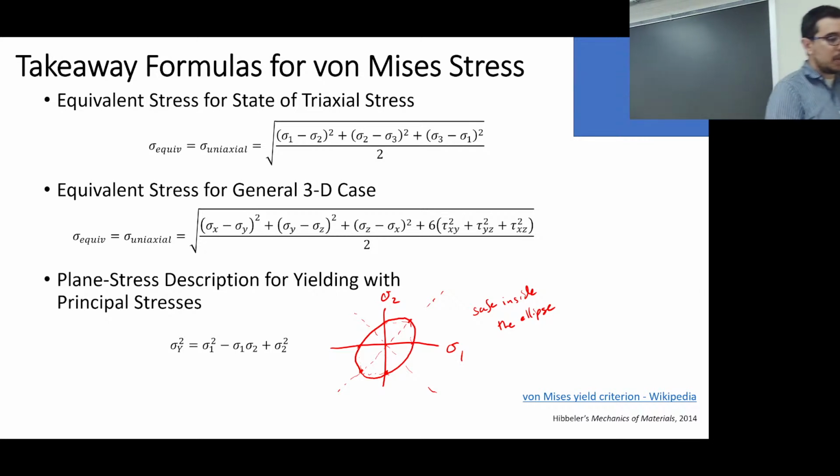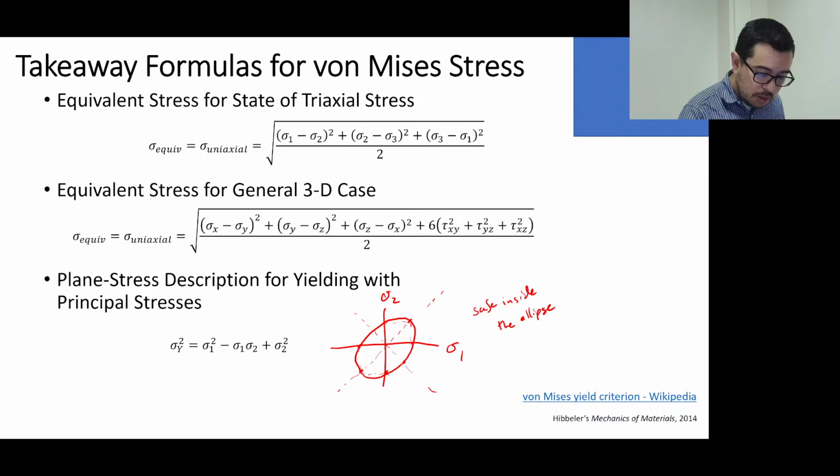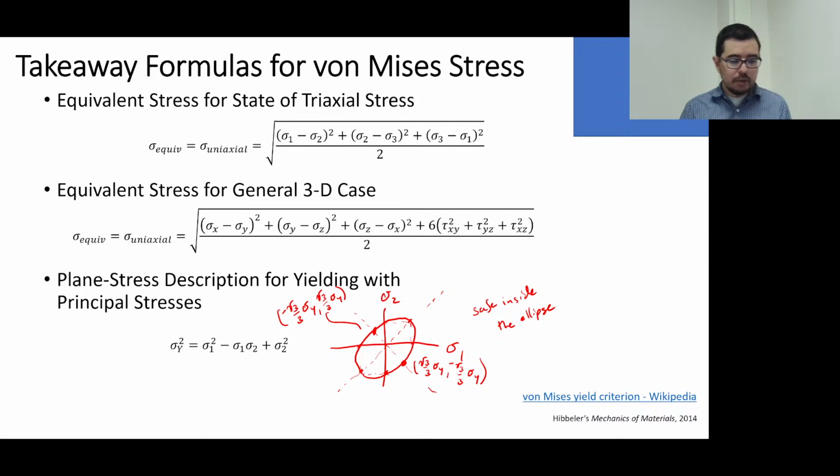But a pure shear problem is not so bad because it hits the pure shear line at the square root of 3 over 3 sigma y, and up here it hits at minus square root of 3 over 3 sigma y, comma square root of 3 over 3 sigma y.